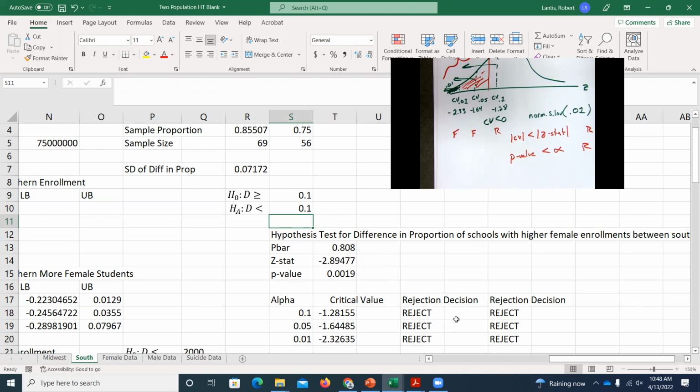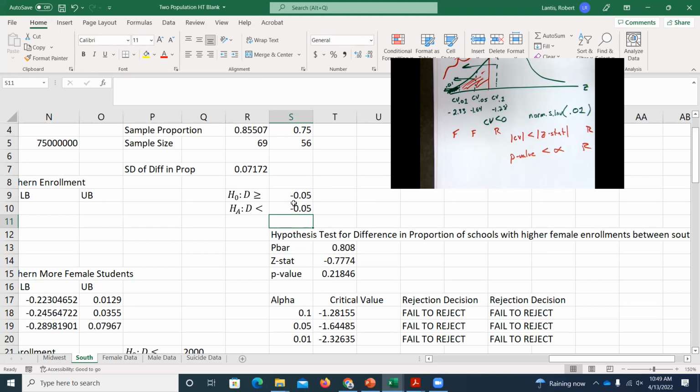Given the sample evidence I found, if I could reject that it was greater than or equal to 0, I definitely can reject that it's greater than or equal to 0.1. But I can use different values. Maybe I even want to do negative 0.05, and I can't reject that the difference is closer than 0.05. I won't expect that of you on the Excel assignment, but in practice outside this course, you could do that.